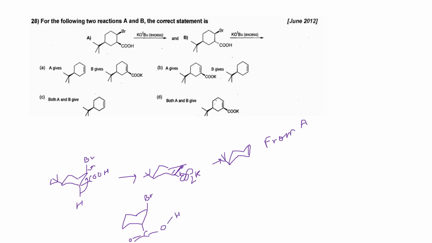Below the plane, now in presence of base, there is no anti-H available to eliminate this bromine, but this can be deprotonated to form a carboxylate salt.